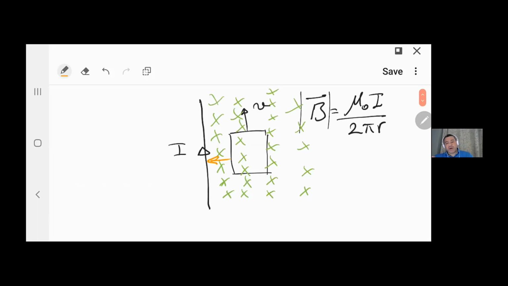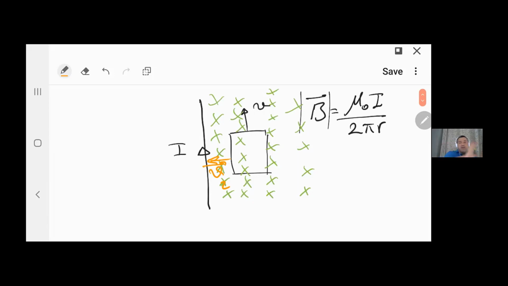Why? Because I'm coming from a weaker magnetic field toward a stronger magnetic field. But when I was going parallel, going up, I can't see any variation in the flux. I'm having the same magnetic field in my loop.